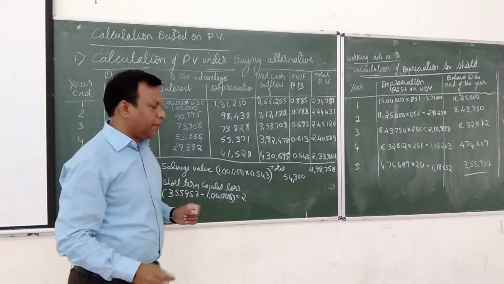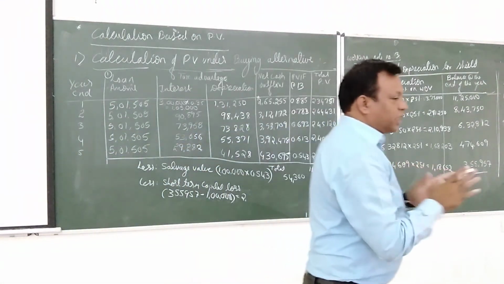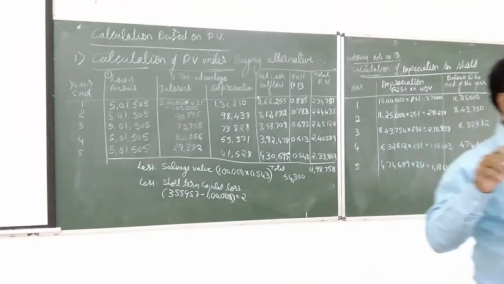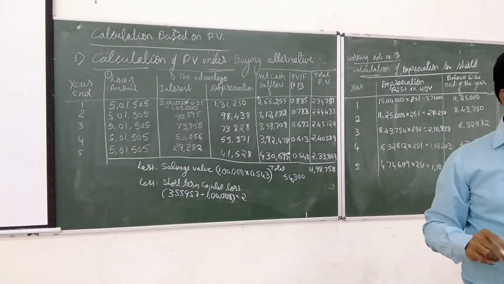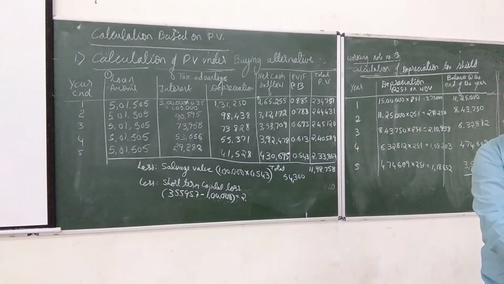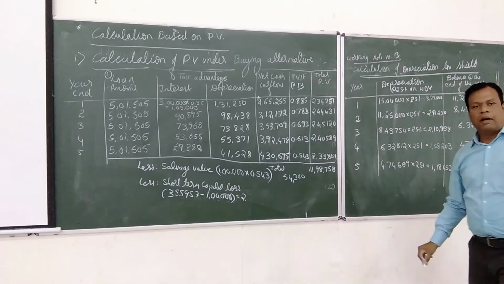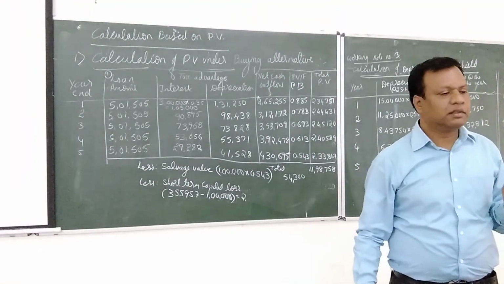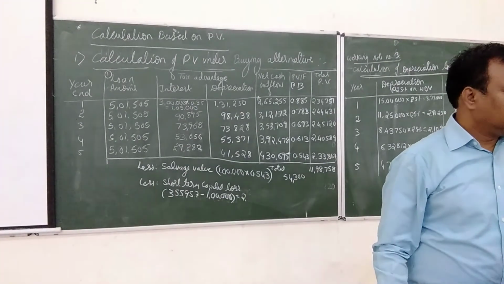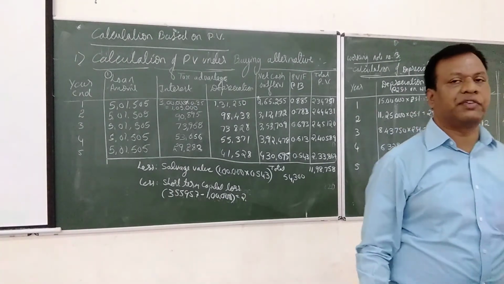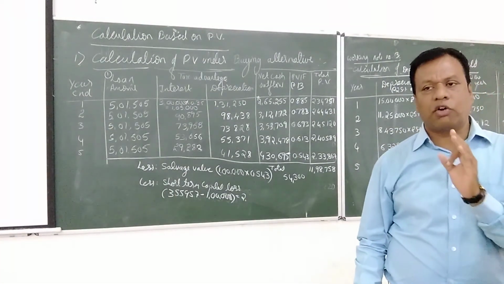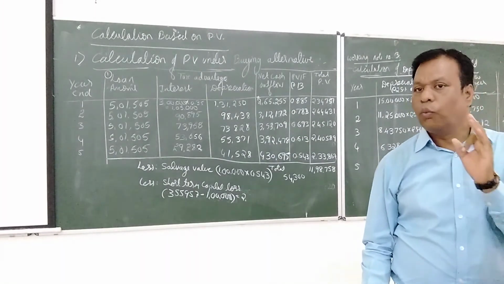Yeah, I repeat again. Going back to the working note where we did the depreciation, check the balance of machinery at the end of the 5th year. How much is it? 3,55,957. But we have sold the machine for the cost of 1 lakh.